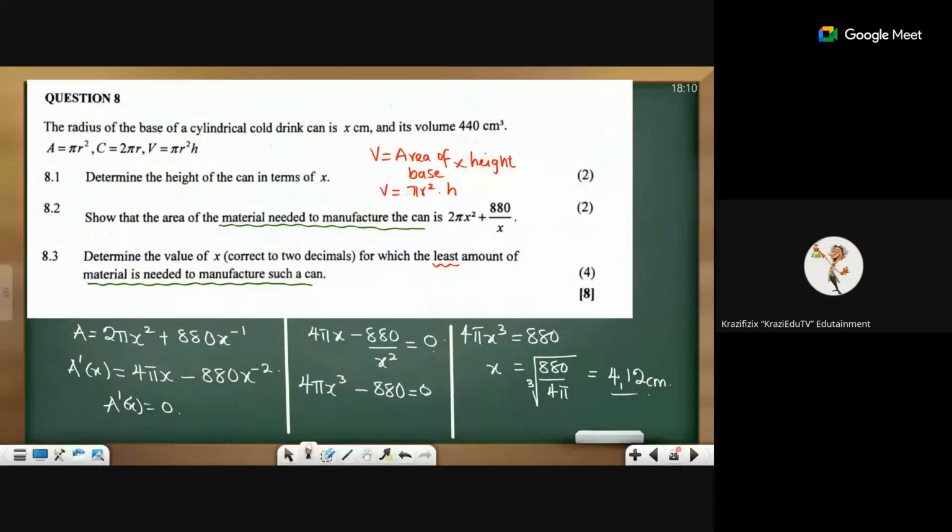Don't cram the formula. Just know the different shapes that make up a cylinder and know the formula for the volume, because you will not be given the formulas. I hope we are okay.